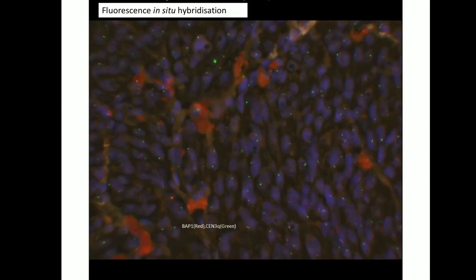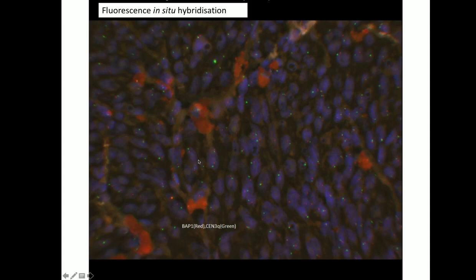We can use fluorescence in situ hybridization, so you've got to use a fluorescence microscope. Usually you have one probe that looks at a particular gene. When it hybridizes, there's a fluorescent marker. There's usually one centromere marking probe, which is green, that tells you that there's a chromosome there. And then in this particular instance, it's BAP1, which is on chromosome 3.